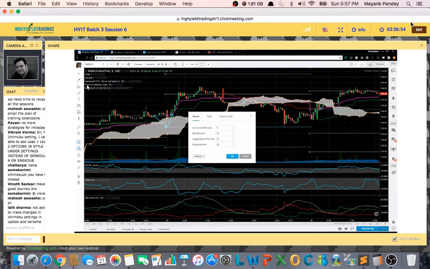Not able to make changes in settings? No, Lalit, I'm not using Upstox or Zerodha here. I'm using TradingView. I don't think they will give you the option to do that. I'm not sure.